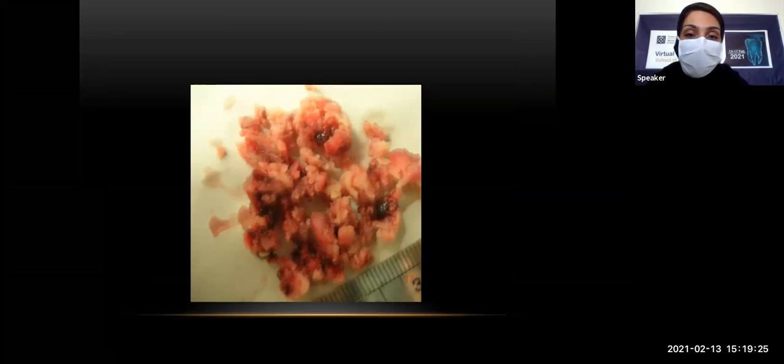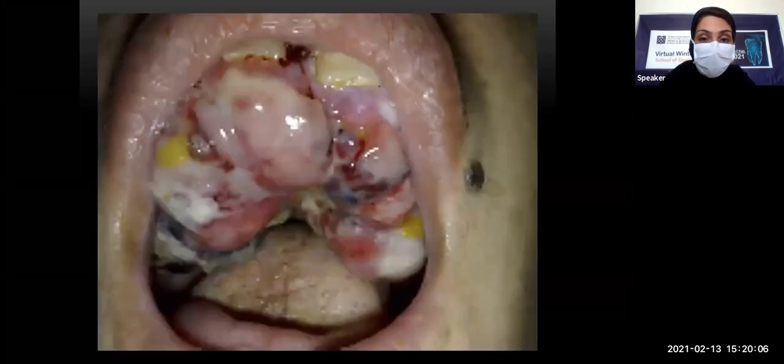The surgical impression was CGCG, or central giant cell granuloma, and also ABC, or aneurysmal bone cyst, which can have this appearance on gross examination. The diagnosis of ABC, or aneurysmal bone cyst, was confirmed in histopathologic evaluation. And you could see the treatment which the patient received for this pathologic lesion in his mandibular bone, and the mistake that the dentist made.